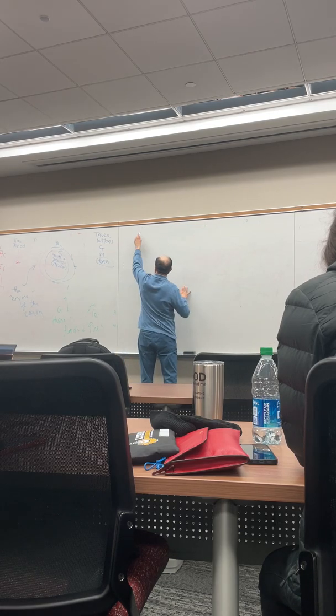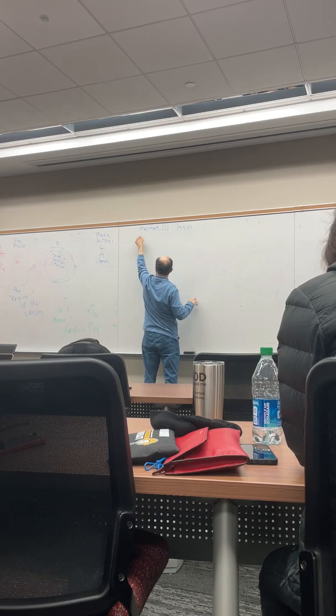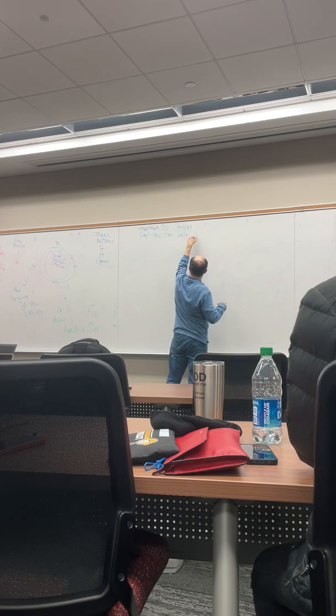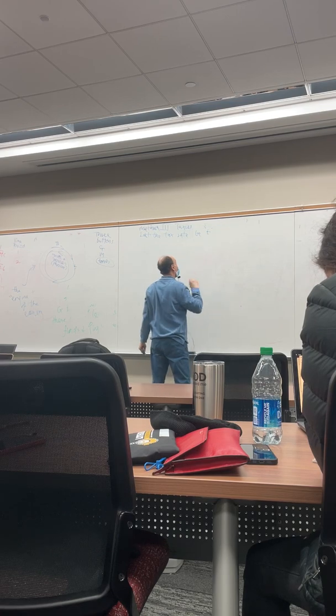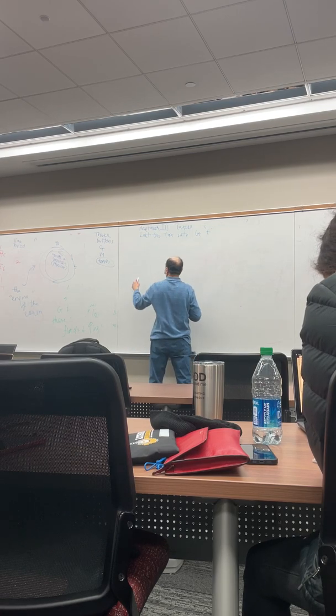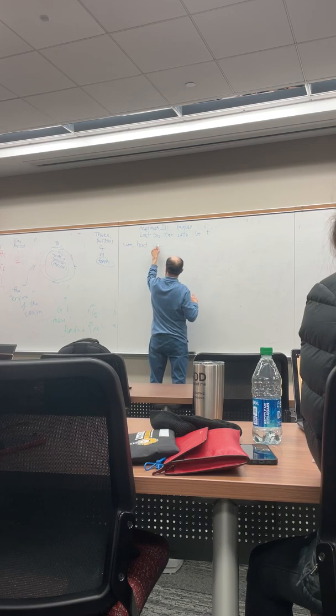Method 3. Taxes. So let the tax rate be T, like 30%, whatever. And so we had C is C bar plus BY.